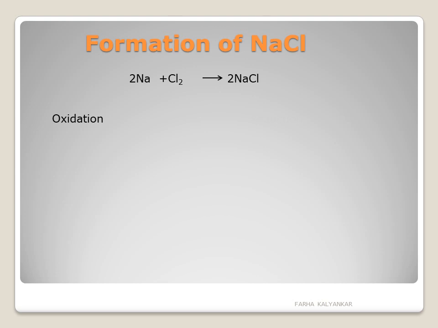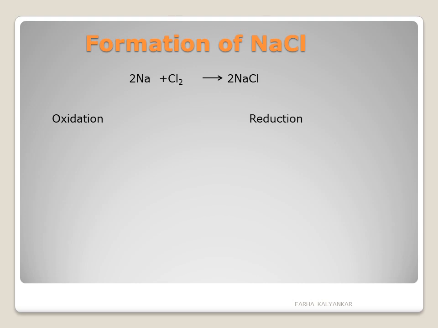Let us study the concept of redox reaction with one of our familiar equations, that is the formation of NaCl. Here I have 2 atoms of sodium combining with 1 chlorine molecule to form 2 molecules of NaCl. In formation of NaCl, there is loss of electron and gain of electron.